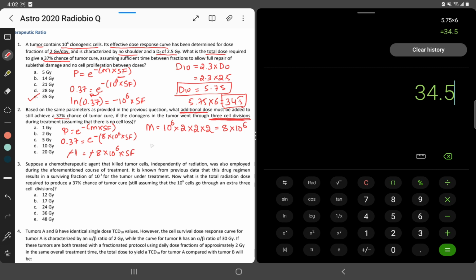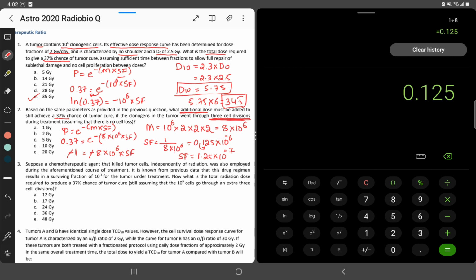Minus minus gets cancelled. SF is equal to 1 divided by 8 into 10 to the power of 6. 1 divided by 8 gives us 0.125. 0.125 into 10 to the power of 6. Now if you just put the point over here, it will be 1.25 into 10 to the power of minus 6. This one is minus 7.